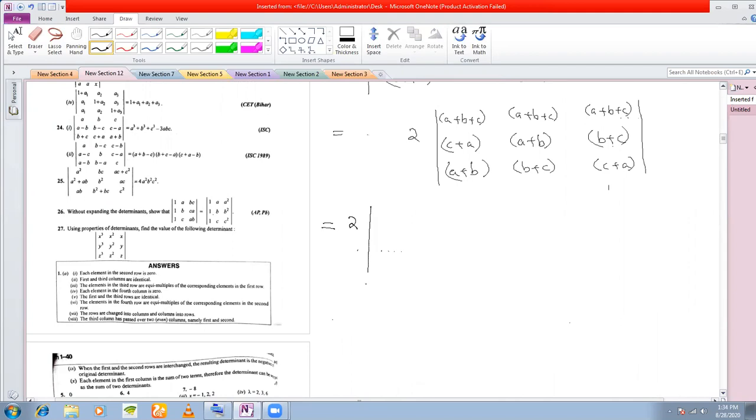Now see, if I subtract a plus b plus c from the second row and the third row, what will I get? From the second row and from the third row, if I subtract a plus b plus c, that is the first row, what will I get? Can you tell me what will I get?